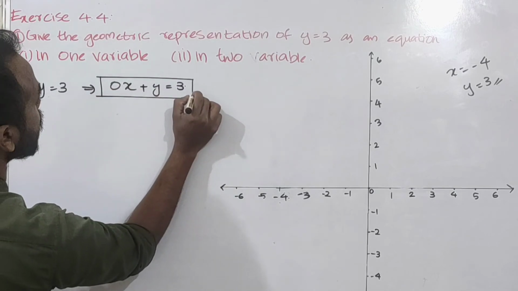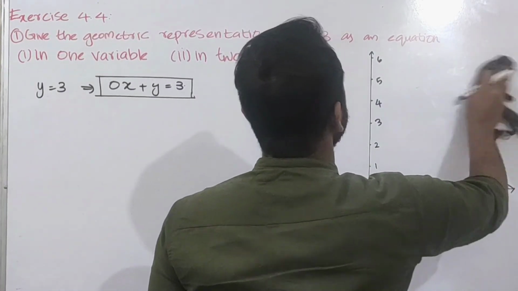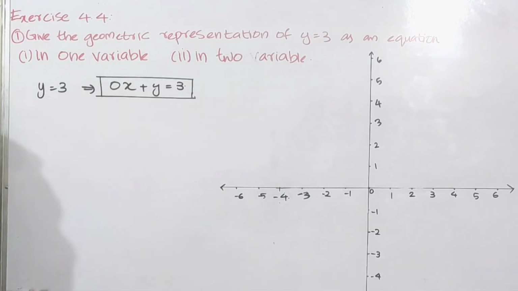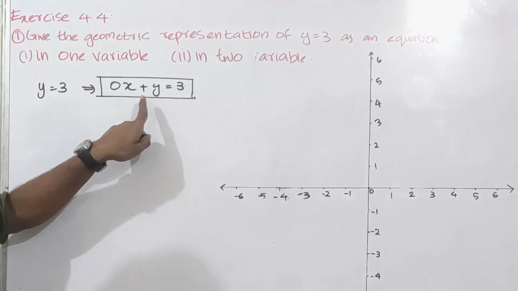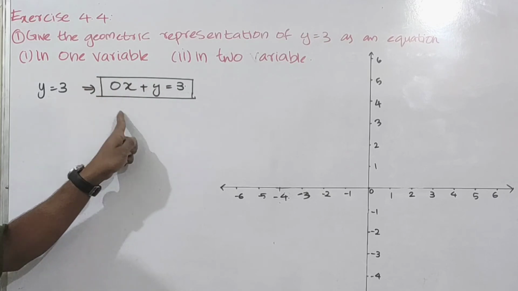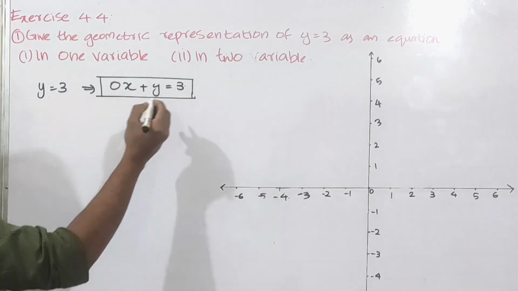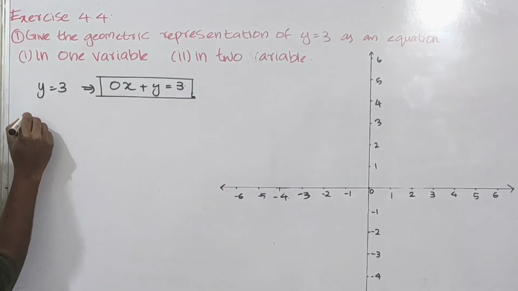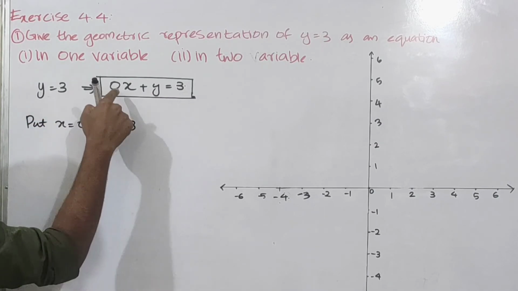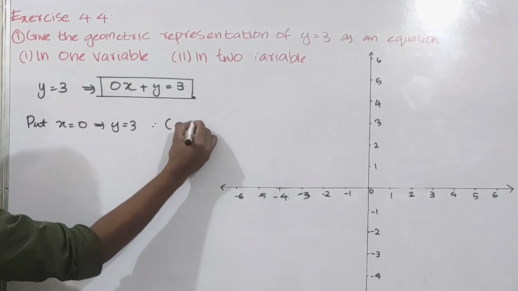How will you get the values required to plot the graph? We will put x is equal to 0, x is equal to 1, x is equal to 2. Whatever value we put, we keep getting y is equal to 3, giving coordinates 0, 3; 1, 3; minus 1, 3; 2, 3, etc. Put x is equal to 0: then 0 plus y is equal to 3, so y is equal to 3, and the coordinate is 0 comma 3.